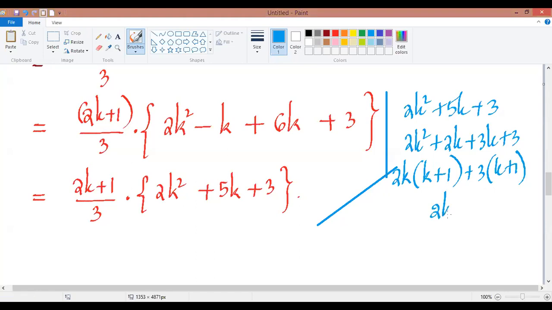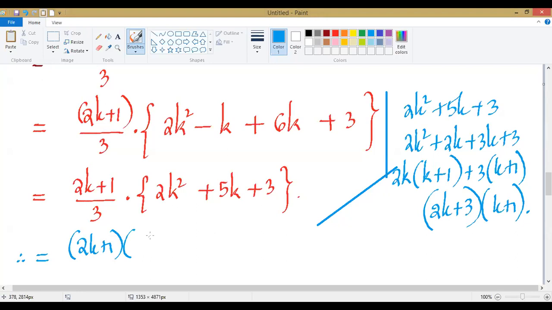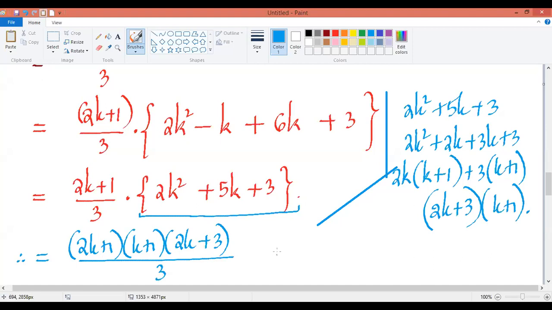So the two factors are 2k plus 3 multiplied by k plus 1. So the resultant here is 2k plus 1 into k plus 1 into 2k plus 3, all over 3.